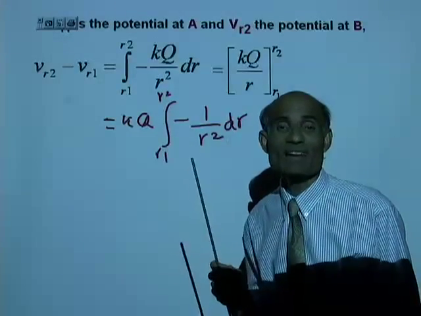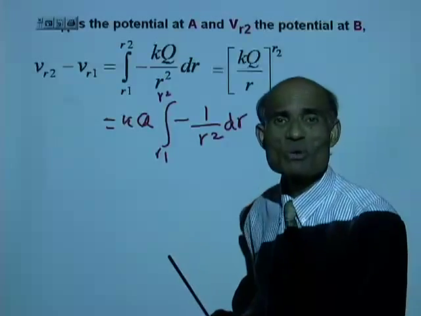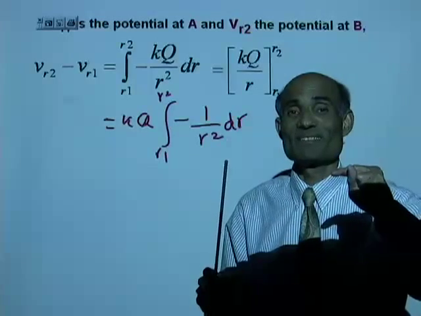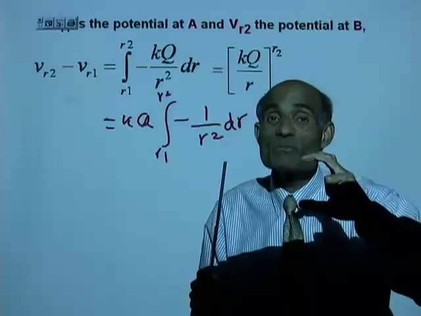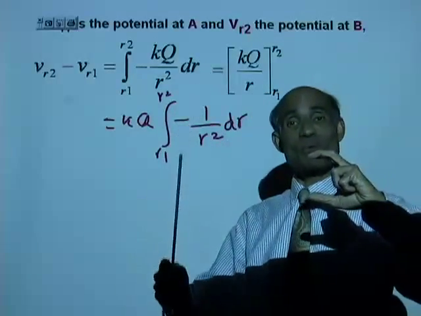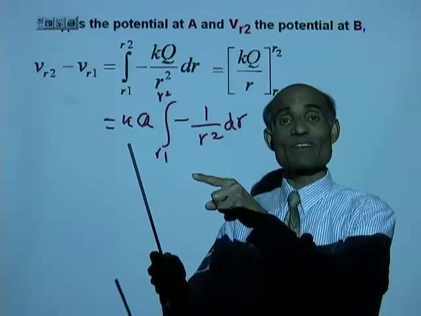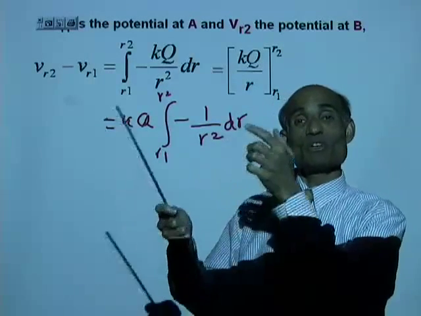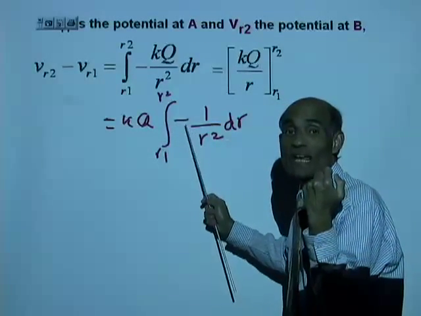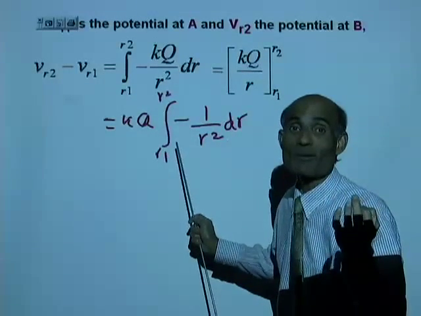Any elementary calculus student should know that. What is the derivative of 1 over x with respect to x? The derivative of 1 over x with respect to x is negative 1 over x squared. Therefore, if you integrate negative 1 over x squared with respect to x, you should get 1 over x. In the same way, the integral of negative 1 over r squared dr is 1 over r.